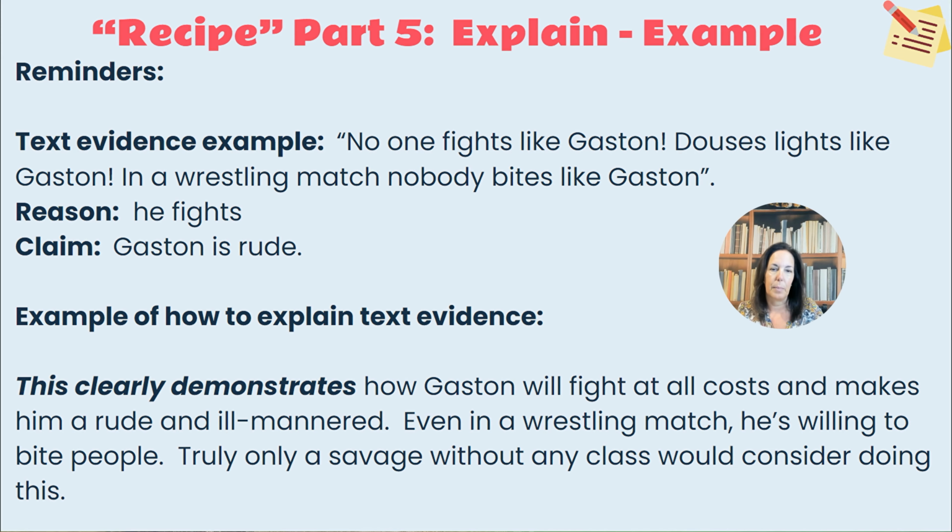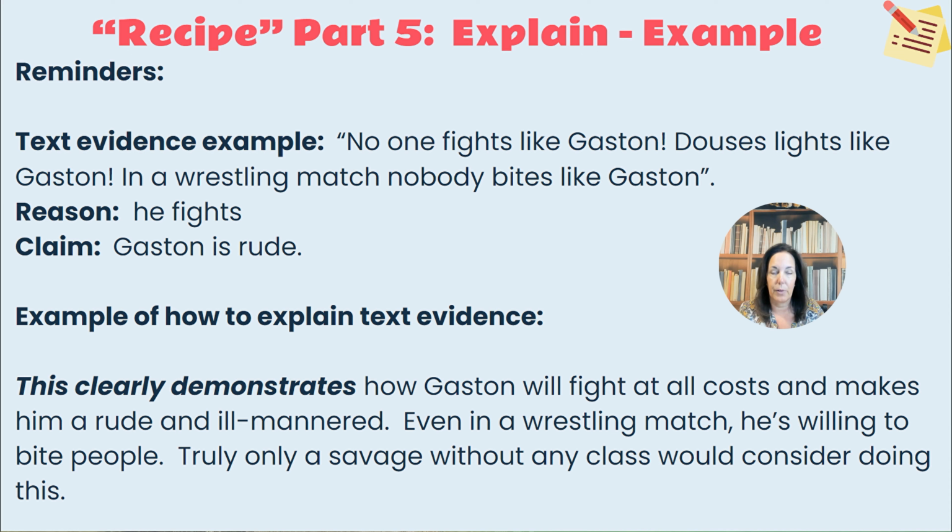Okay, so let's have a few reminders for that explain example. The text evidence example was, "No one fights like Gaston, douses lights like Gaston. In a wrestling match, nobody bites like Gaston." The reason? He fights. The claim, he's rude.